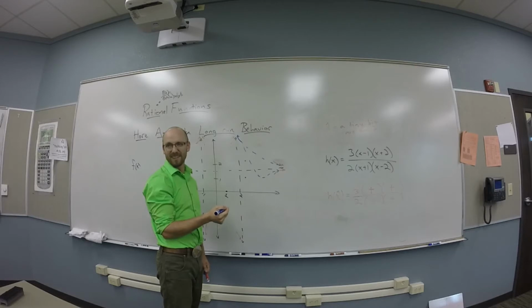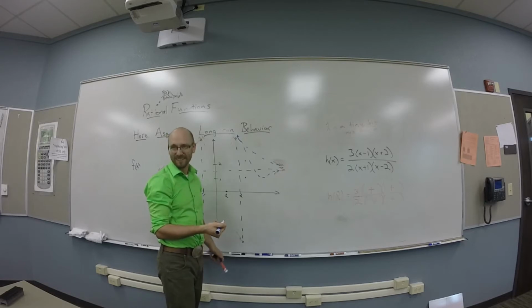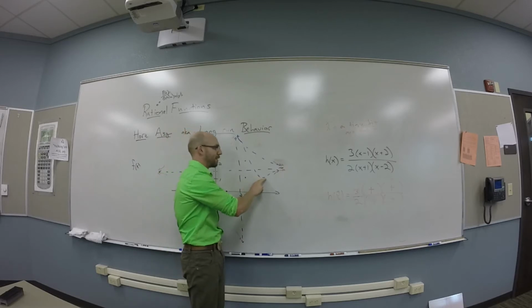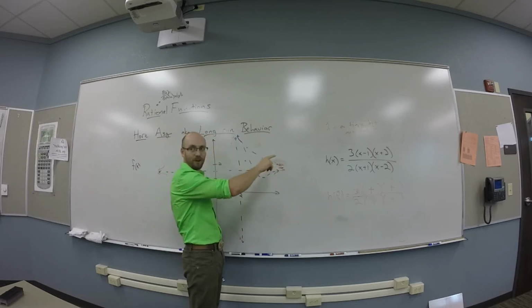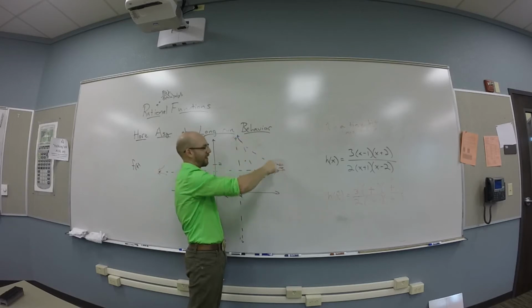Why can it cross the horizontal asymptote? Because there's nothing stopping it, basically. The only thing that's going to stop it is when I get to calculus land, I'll be able to find these little turnarounds. And if I can find the turnarounds, I know this doesn't have a turnaround and that one does.